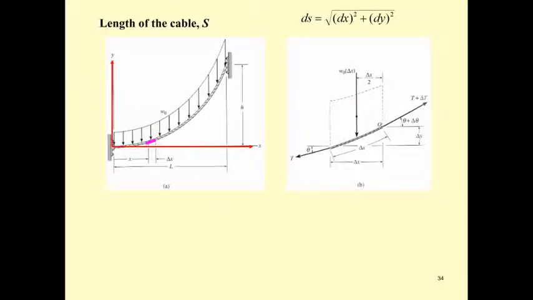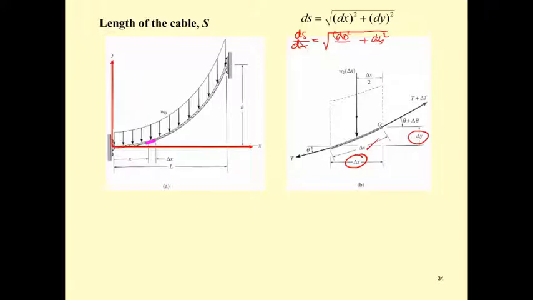Okay, for the length of the cable, you know from the previous discussion that this is going to be a very small vertical distance, and this is going to be a very small horizontal distance, and the length of the cable can be determined by this. If you do this by ds by dx, you have the square root of dx square divided by dy square.